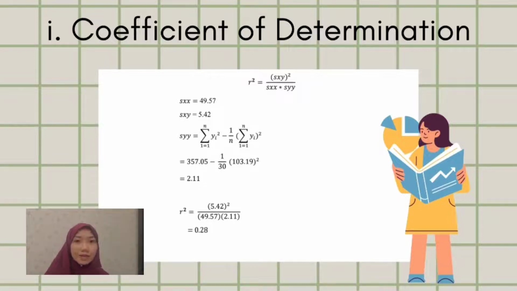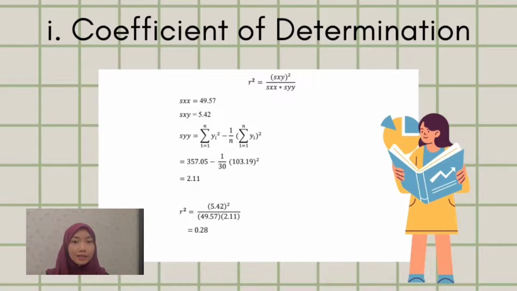To get the value of Syy, we need to use the formula, which is the summation of y square minus 1 per n times the square of the summation of y. So from the table, we got the summation of y square, which is 357.05, and the summation of y is 103.19. So we calculate and we got Syy is 2.11.